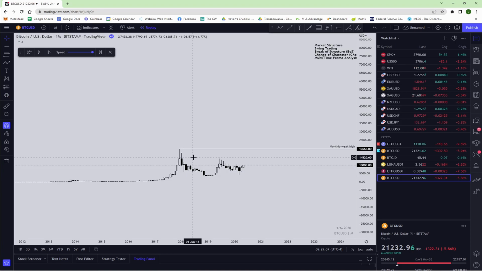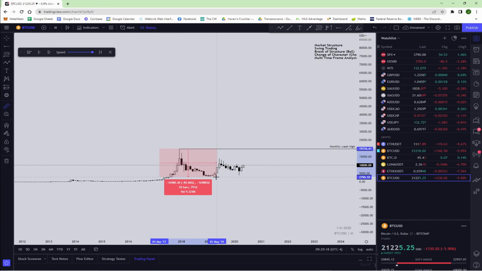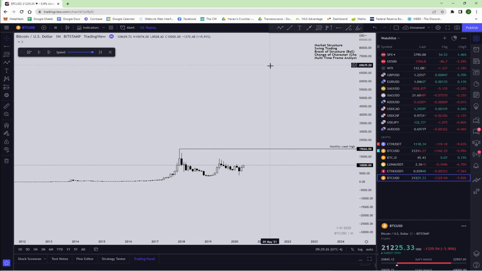Because as price changes, that number changes, right? So if we look at how far this pullback goes from here all the way down to here, you're looking at an 85% move, okay? But this same size move from 70 to 60 is only 15%. You see what I'm saying?